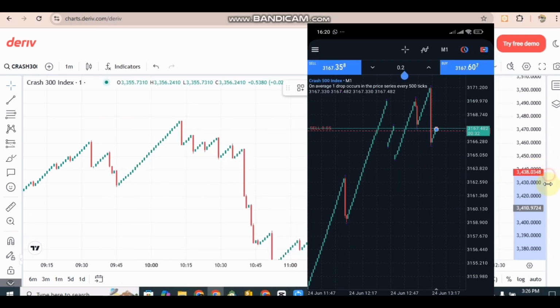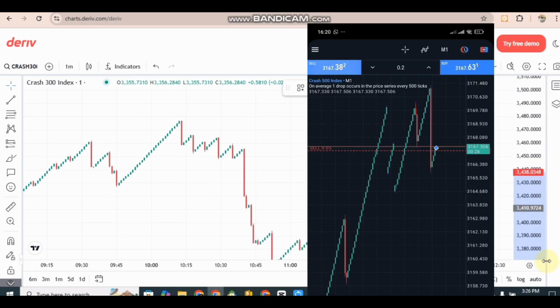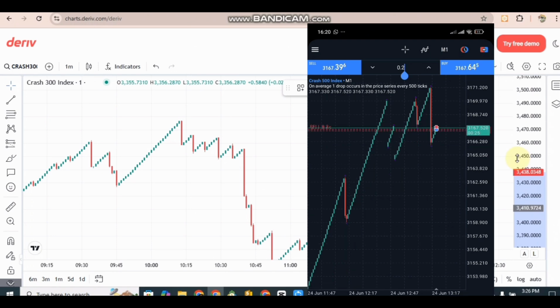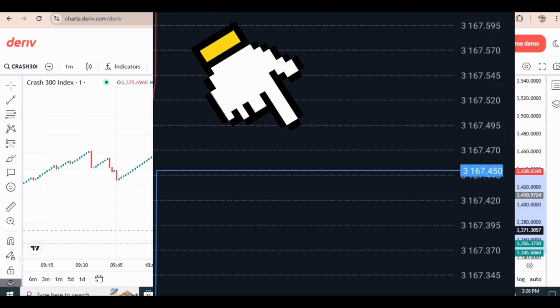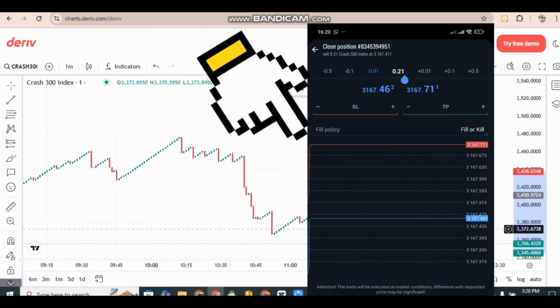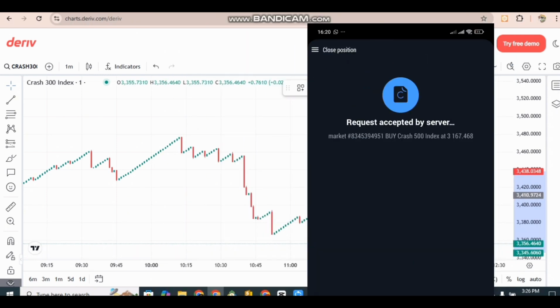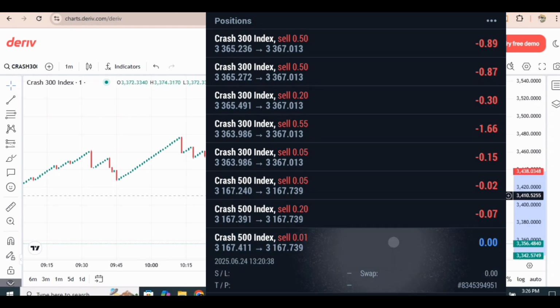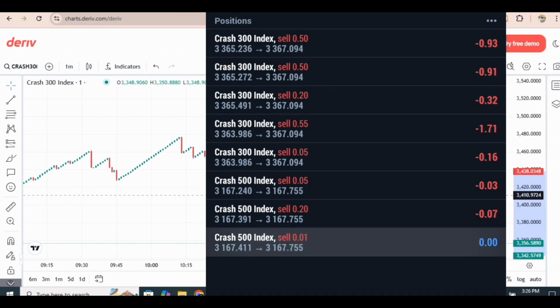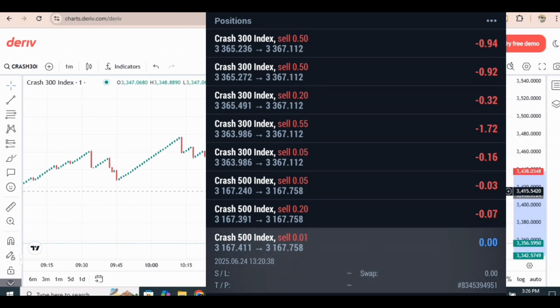If you want 0.01, you put 0.2 plus 0.01, 0.21 lot size, and enter a sell position. Then close partially the smallest lot size. You modify and close partially, and you get 0.01 as your lot size.